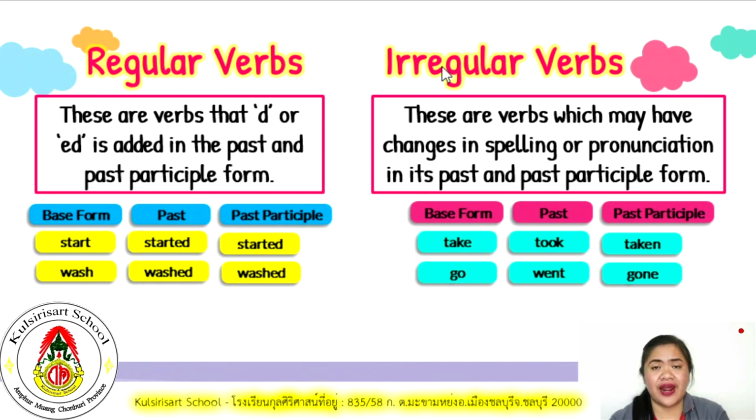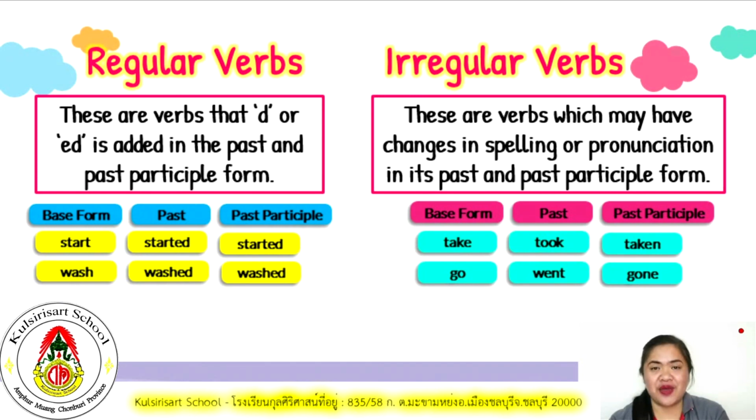And irregular verbs are verbs which may have changes in spelling or pronunciation in the past and past participle form. We have the examples take, took, taken, and go, went, gone, with changes in spelling and pronunciation. That is the difference between regular and irregular verbs.